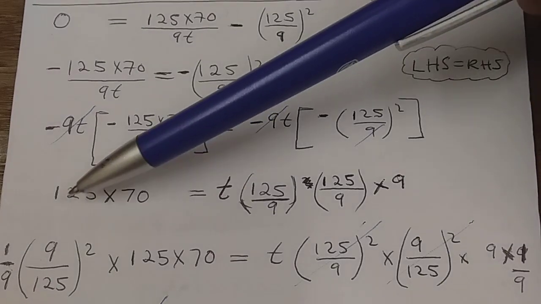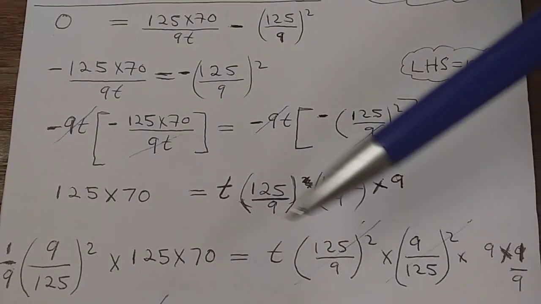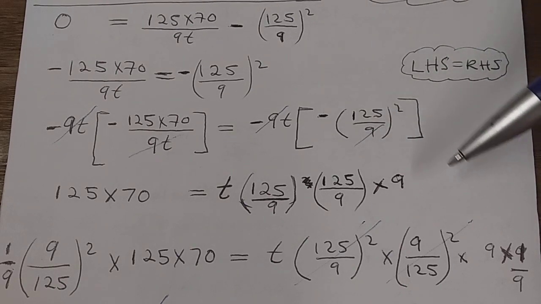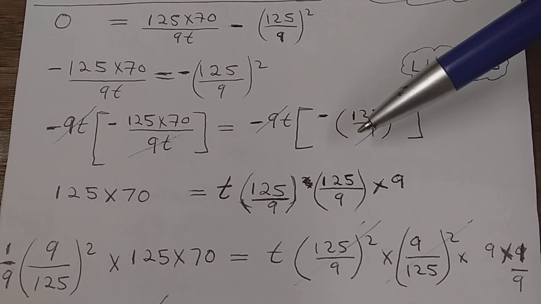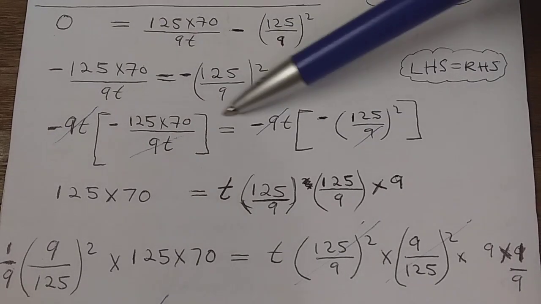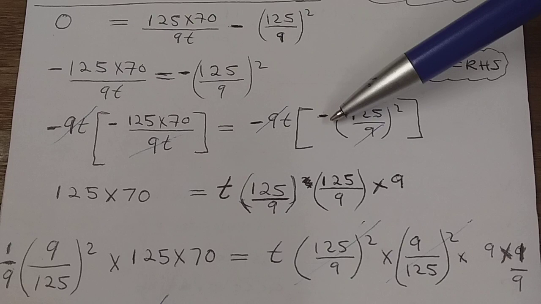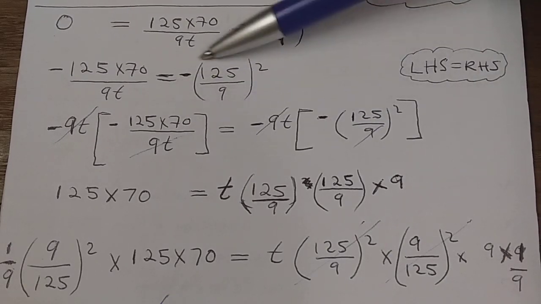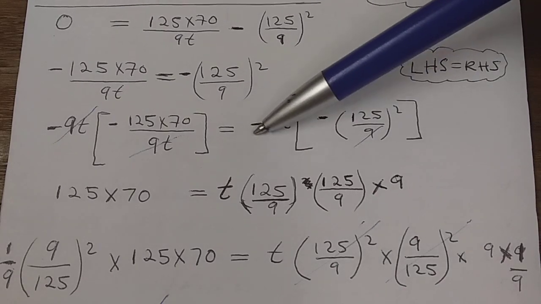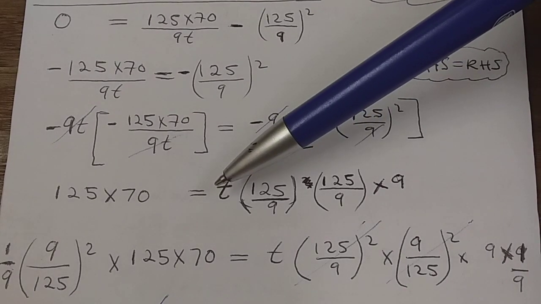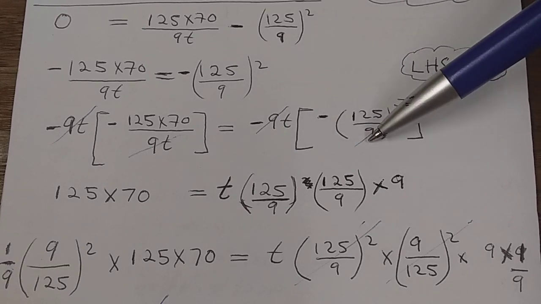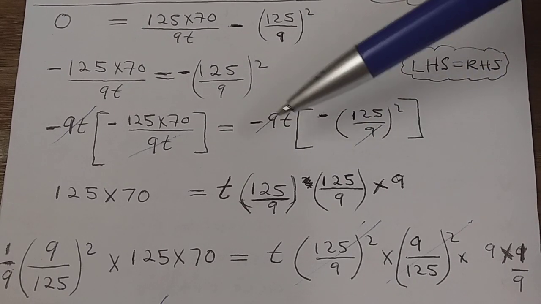125 times 70 is equal to, so for this part, what did we do on this side? We multiply both sides by negative 9t. So this part is already there, which is this one. You multiply negative times negative, it gives you positive. Okay, so the mistake is when you cancel this 9 and this 9.